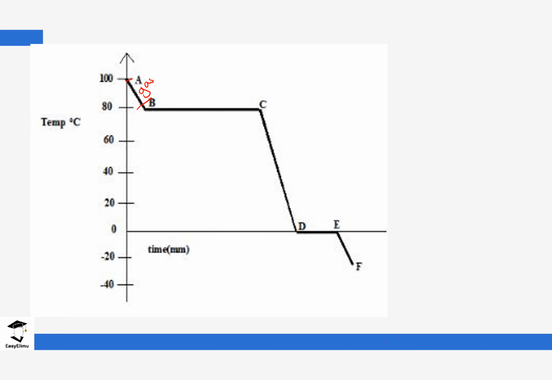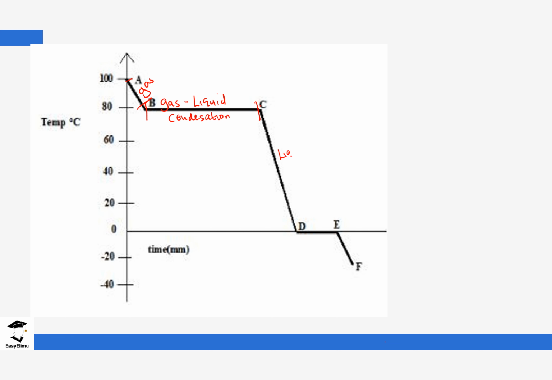So we do not have a specific state of matter, it's a mixture because the process is happening continuously for some time. So the mixture will be in gaseous state and also some liquid will be in this region. And the process of changing from gas into liquid, we call it condensation.